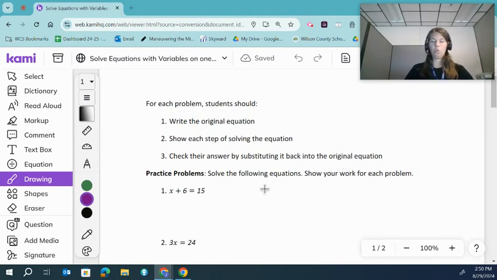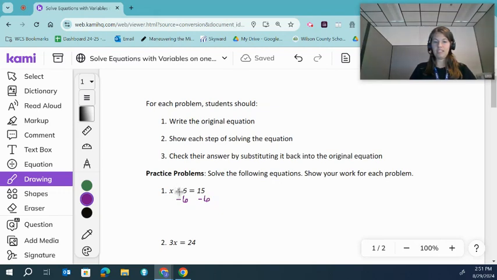There's no reason to get these types of problems incorrect. Okay, so way back to 6th grade when we started solving equations, solving a one-step equation, okay? We use inverse operations to solve. We're trying to get x by itself, so we are going to subtract 6 from both sides. Whatever I do to one side, I have to do the other in order to keep it balanced or equal.